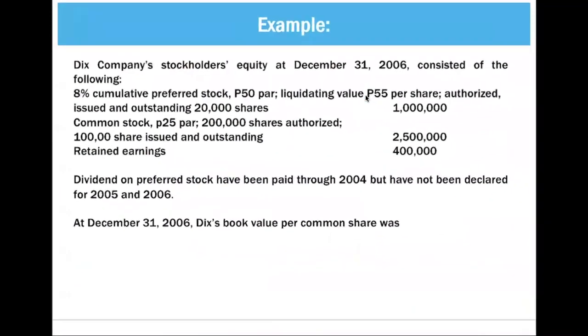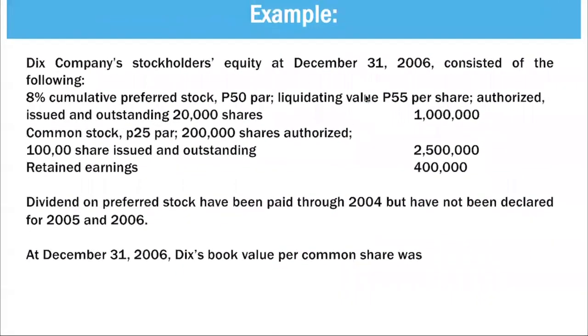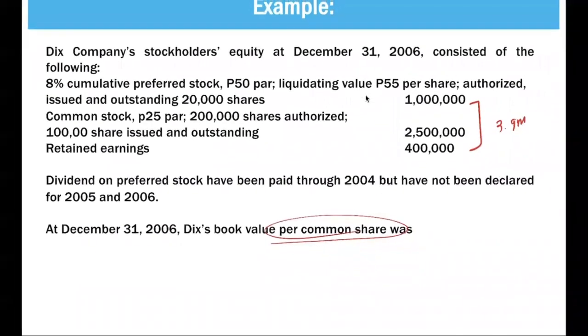Another example, Dick's company's stockholders' equity at December 31 consisted of the following. So we again compute for your book value per common share. Our total is 3.9 million. So OS, PS, so the par value. PS has a par value of 1 million.